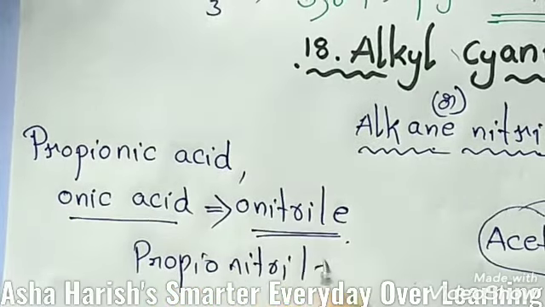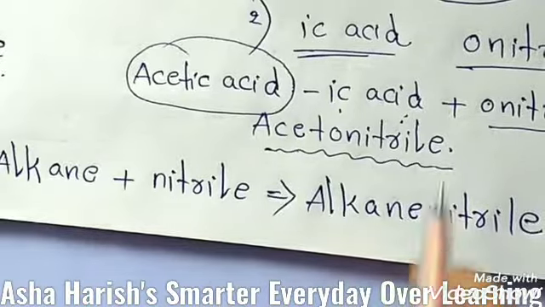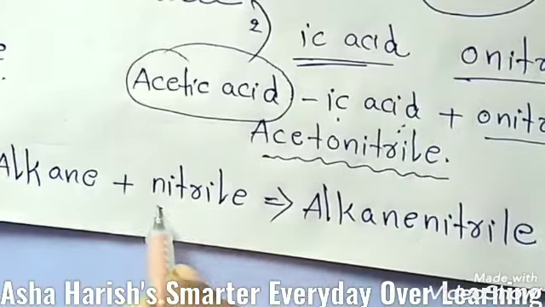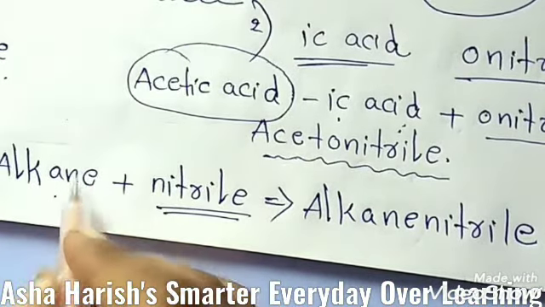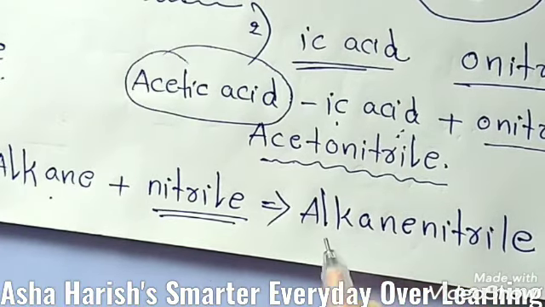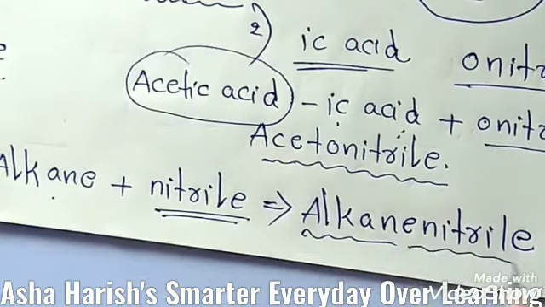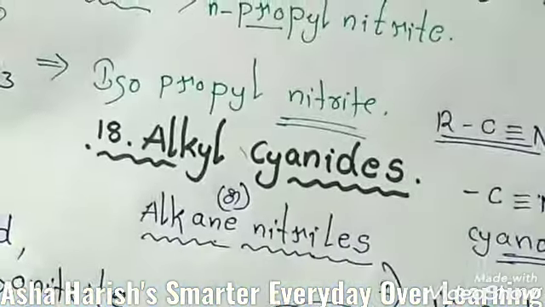Propionitrile. Okay, and IUPAC names: add the suffix nitrile to the name of the alkane corresponding to the same number of carbon atoms as in the alkyl cyanide. Then what you should get here? Alkane nitrile.